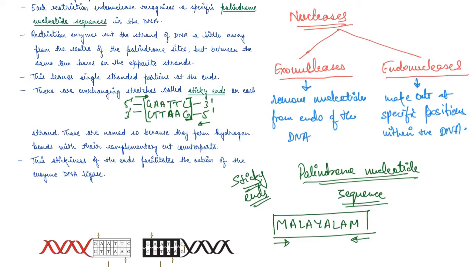And why are they known as sticky ends? It is because if they get their complementary counterparts, they'll form hydrogen bonds and they will join, right? This stickiness of the ends helps the enzyme DNA ligase, which joins the two strands of the vector DNA and the foreign DNA.